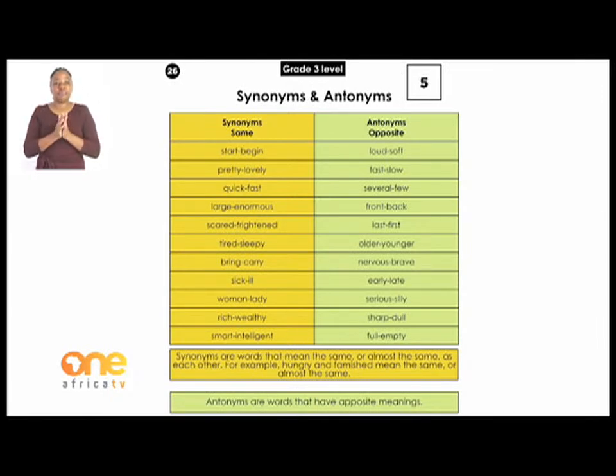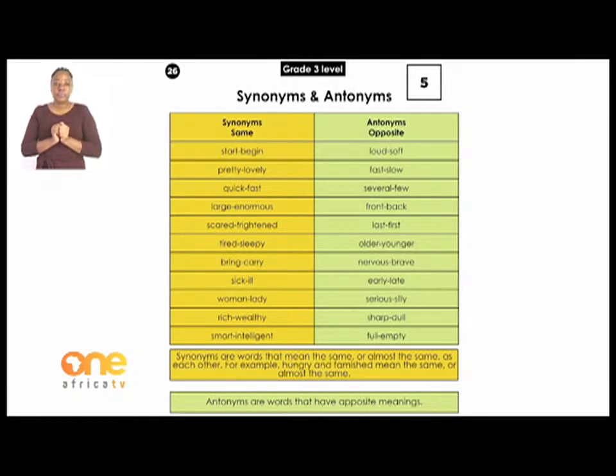Large can mean enormous. Scared can mean frightened. And so on and so forth. If you look at me, I am a woman, but I can also be called a lady. So a synonym is a word that has the same meaning as another word.